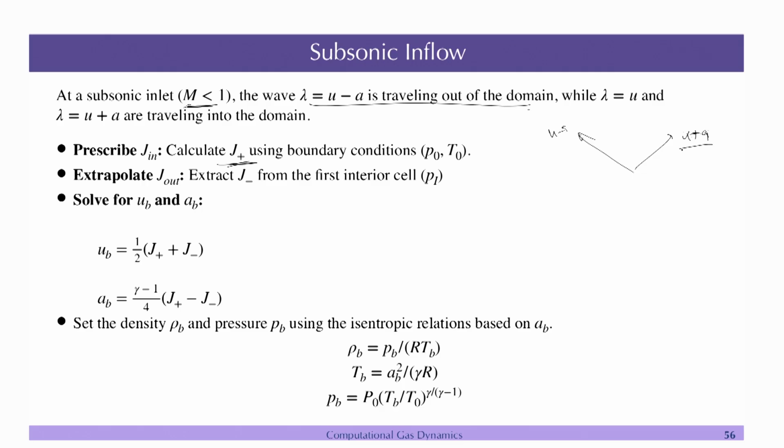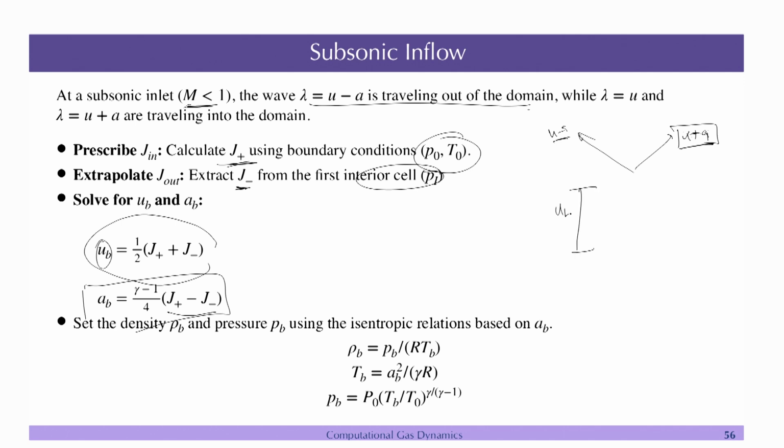Whatever infinity condition you have, you can give p0, T0, or maybe rho, u and other things, and you calculate this u plus a. From the interior cell you get this u minus a, which is J minus. Now you add both of them and divide by 2, that is u b, and then you subtract and multiply by gamma minus 1 by 4, that will give you the speed of sound at the boundary. So, you have gotten the boundary velocity u b and a b.